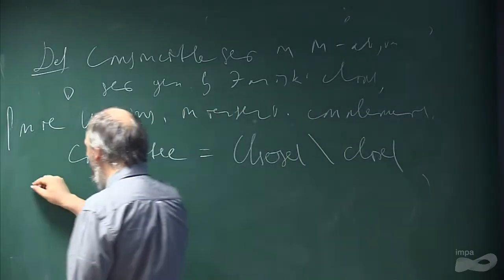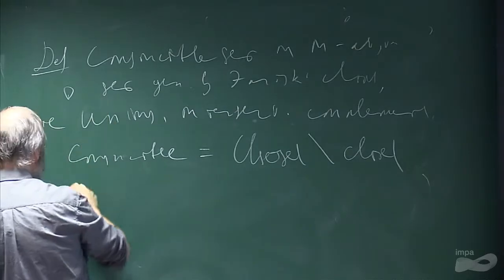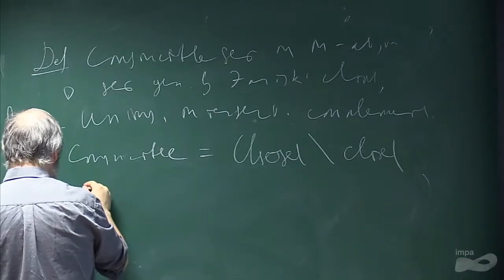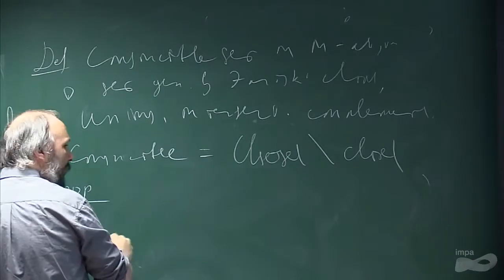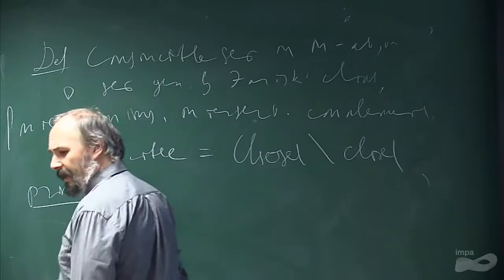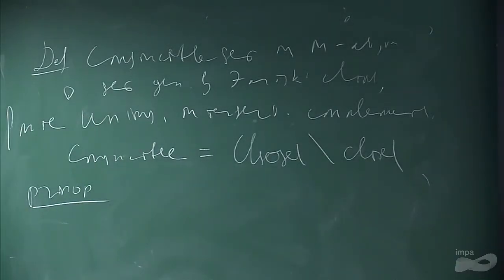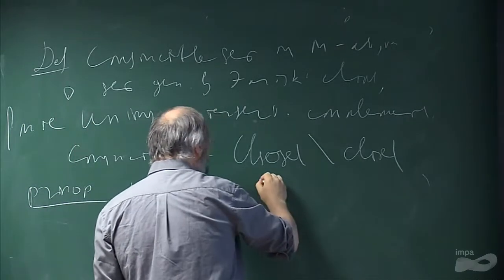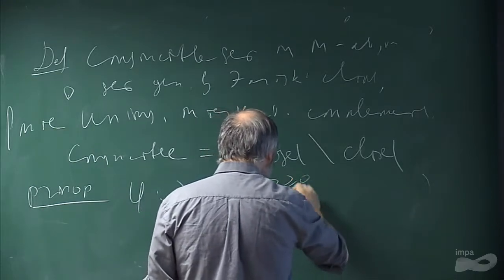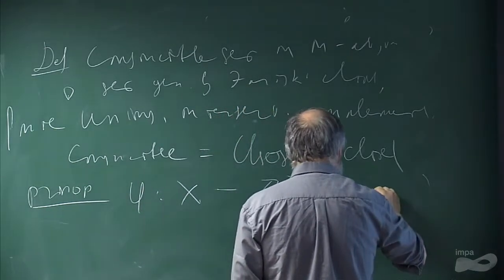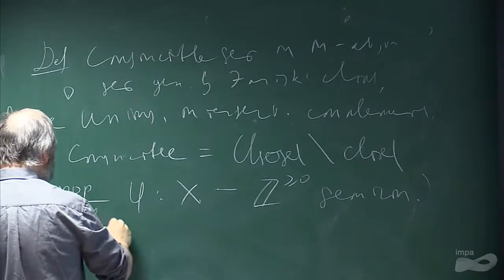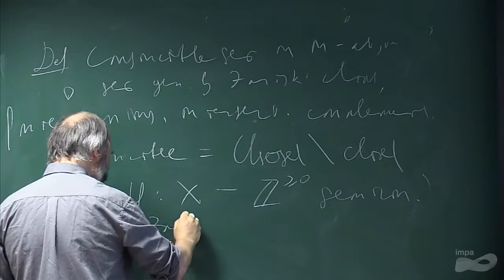Now, proposition. I won't use much constructible sets today, but I just wanted to tell you this is an important notion. Proposition: suppose you have a semi-continuous function phi from X to Z positive, semi-continuous, and X is an algebraic variety with Zariski topology.